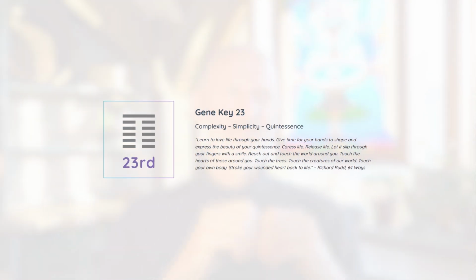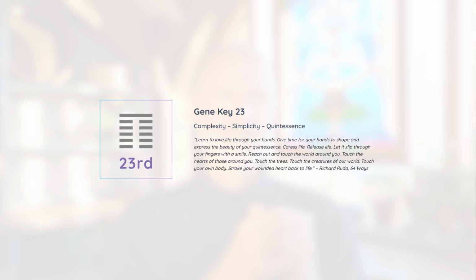So I took this trickster, this magpie, and the magpie represents Gene Key 23, the City of Quintessence, and the magpie steals the quintessence from the gods. That's what it symbolizes. The quintessence is the golden grail of everything that's pure in life. It's like this holy substance.